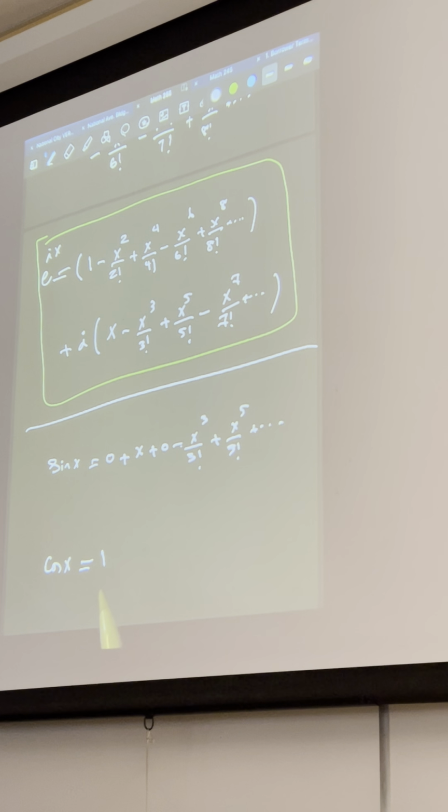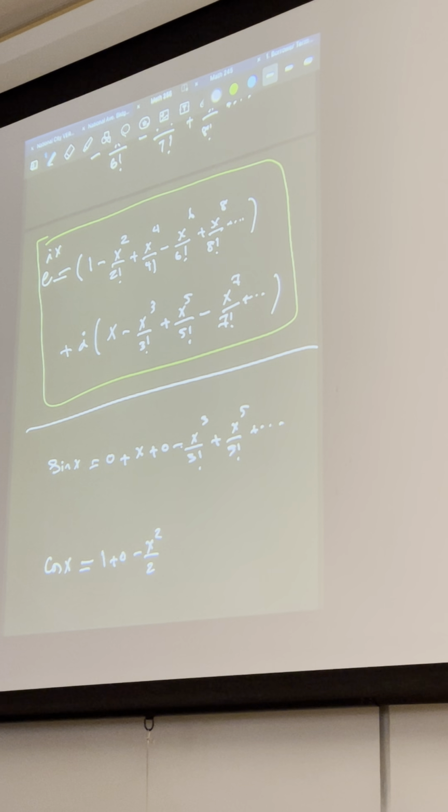You plug in 0, it's gone. So the second term is 0. But then the derivative of sine would be cosine, and the next derivative is negative cosine, so the third term: negative cosine at 0 is negative 1 now, times x squared over 2. So it's negative x squared over 2.